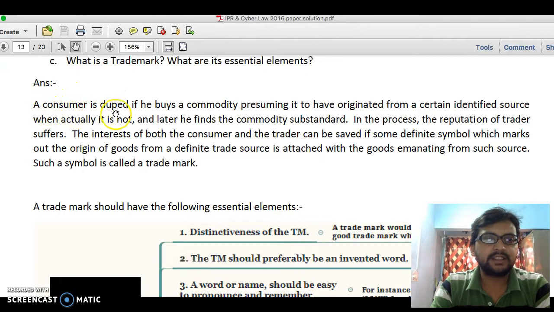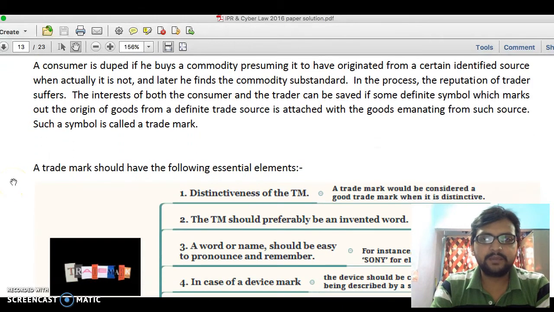As you can see, a consumer is duped if he buys a commodity presuming it originated from a certain identified source when actually it did not, and later he finds that the commodity is substandard. Just remember this one.